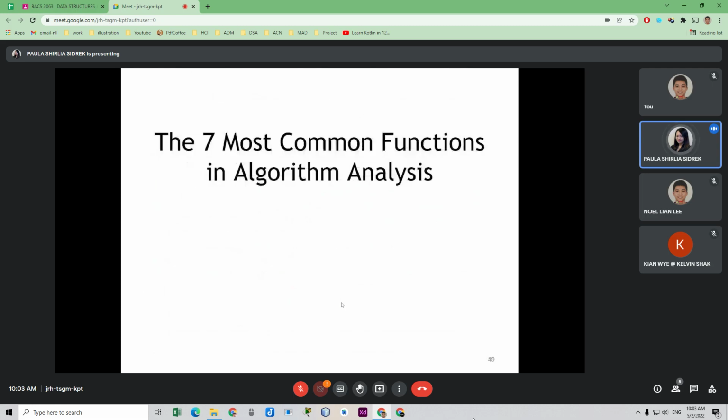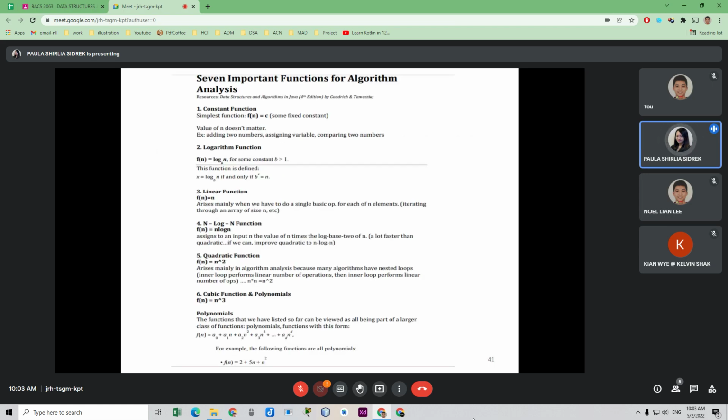Okay, that is constant. Now, next one is the seven most common functions in algorithm analysis. These are the 7 common functions. So these are 7 important functions for algorithms. Number 1, constant function.